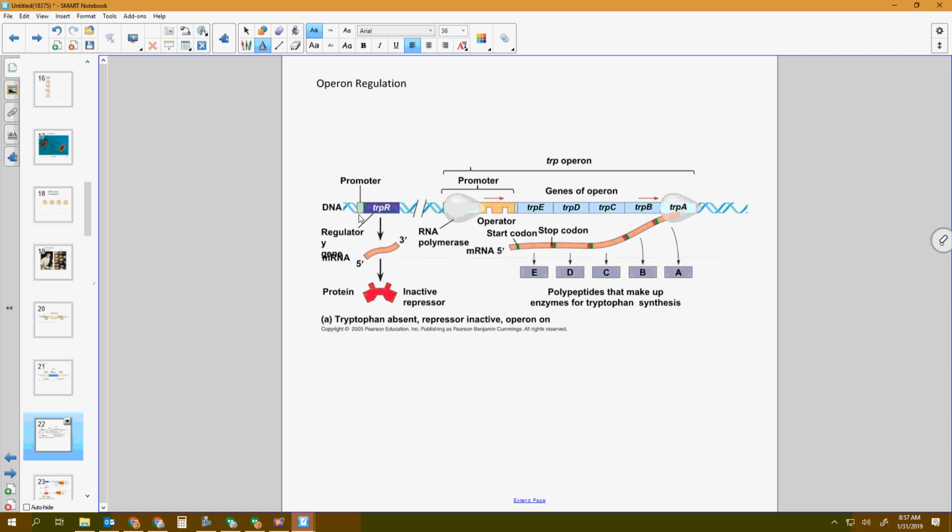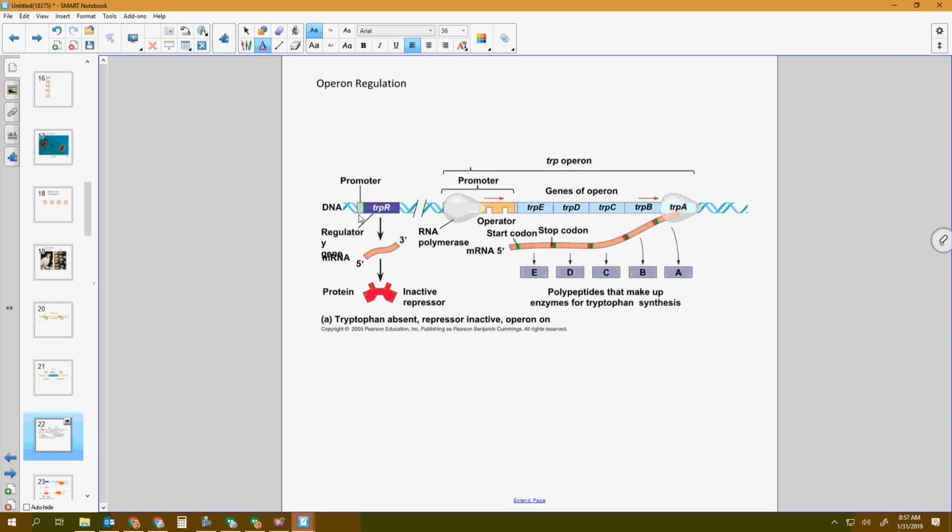Now, bacteria have a control mechanism for gene expression, and it's called an operon. And an operon is a very simple mechanism in which there are a couple of pieces present. Things that we have talked about are promoter sequences. We understand promoter and RNA polymerase and initiation complex and all that kind of thing.